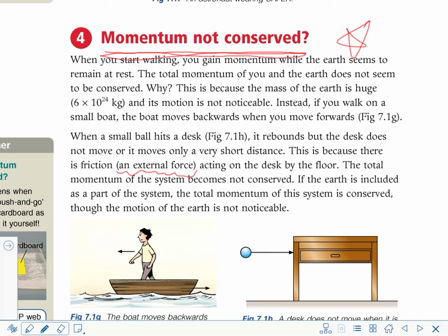If there is no external force, for example no friction, acting on the system, then the total momentum can be conserved. Otherwise, if there is an external force acting on the system, the total momentum is not conserved.